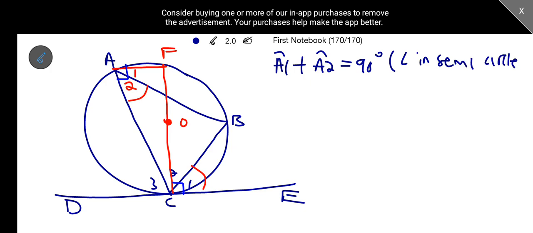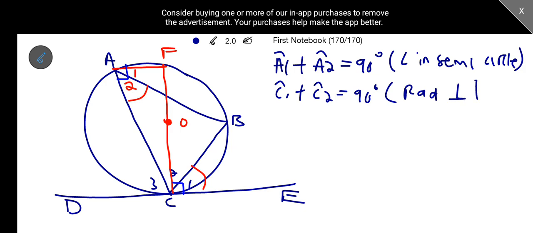Feel free to write it in full, but in geometry, in most cases we use acronyms. So A1 plus A2 is equal to 90 degrees. It's angles in a semicircle or angles subtended by a diameter, the way you will remember it. And again, we can say that C1 plus C2 is equal to 90 degrees, and the reason will be radius perpendicular to the tangent, and that's the acronym you can use.